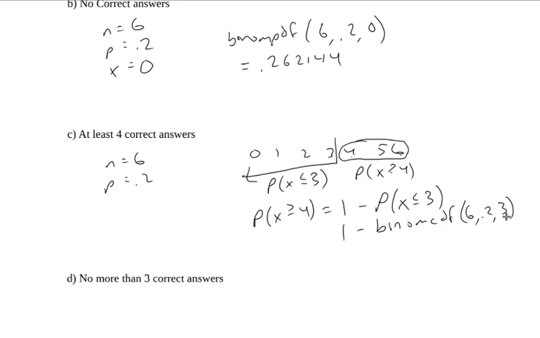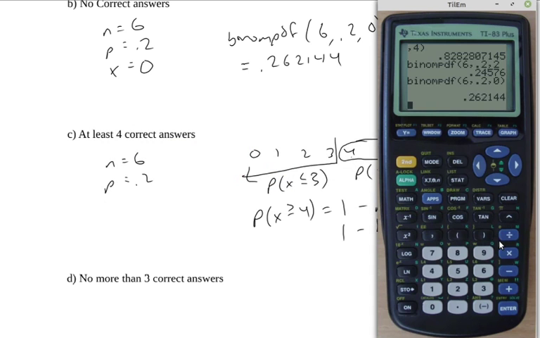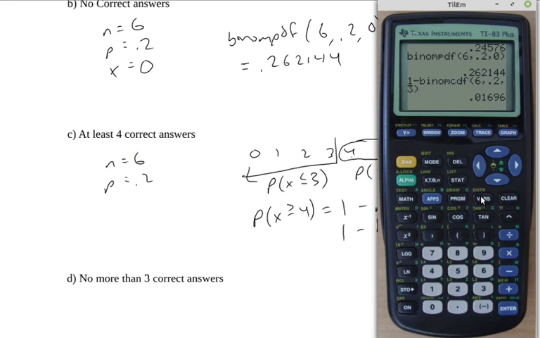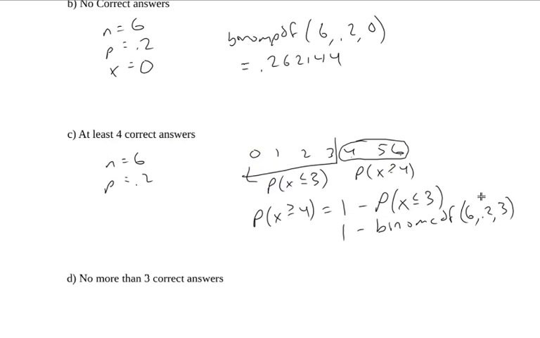So get 1 minus the binomial CDF of 6, 0.2, was it 3? Yeah, it was 3. 0.01696.